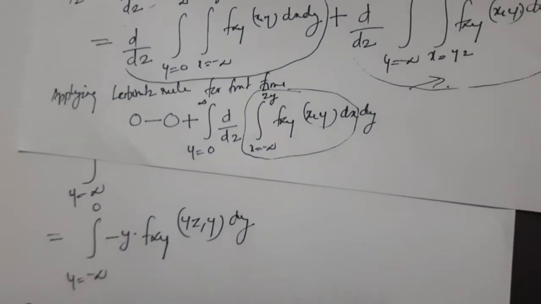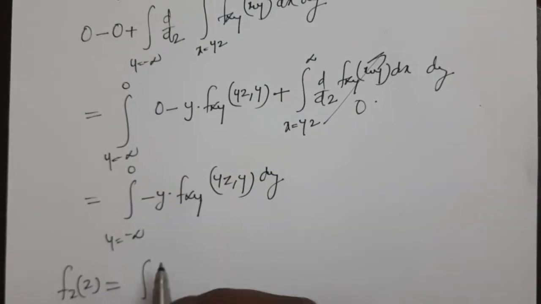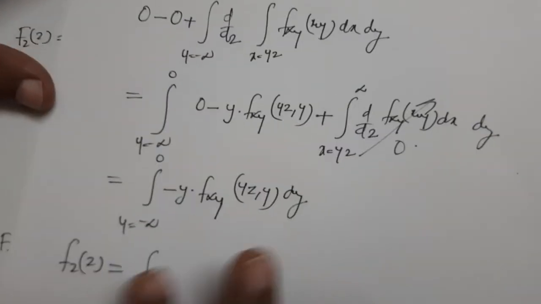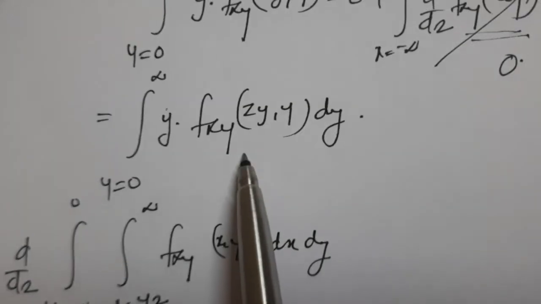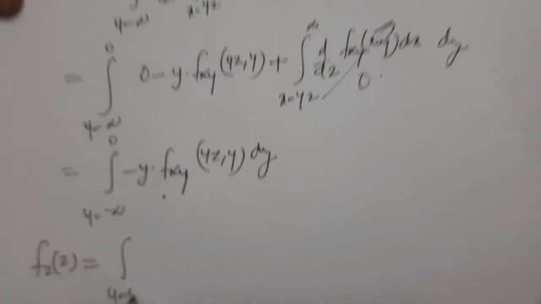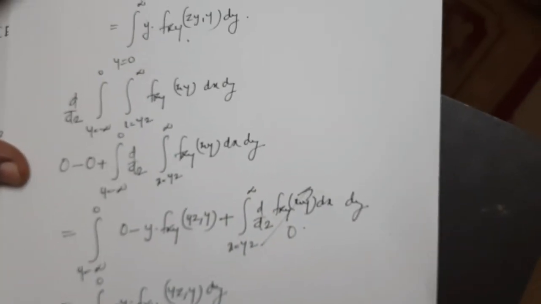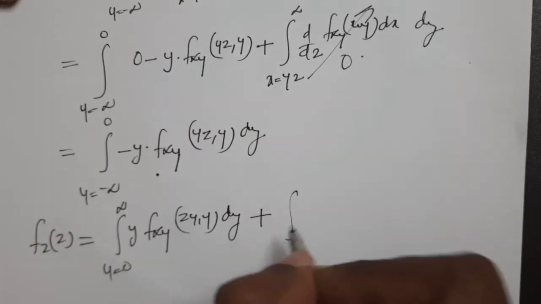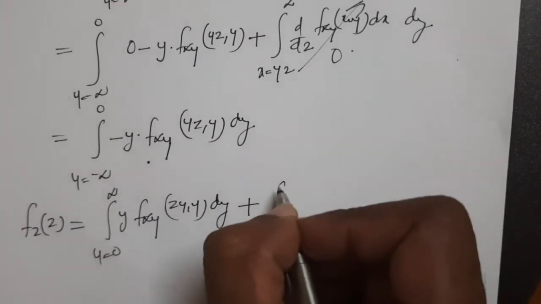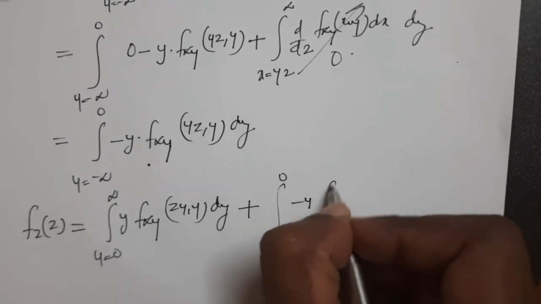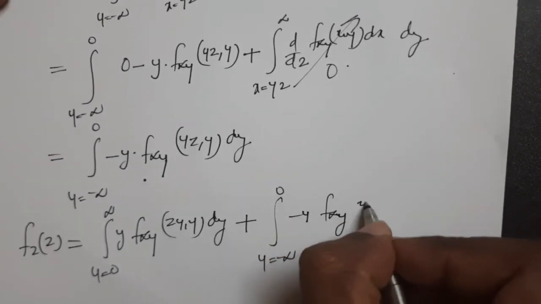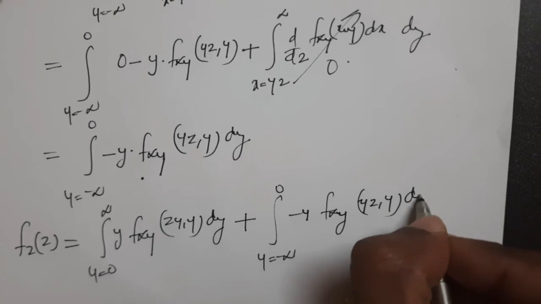Now fz(z) can be written as this term plus this term. That is, the integral y equal to 0 to infinity of y fxy(zy, y) dy, plus the integral y equal to minus infinity to 0 of minus y fxy(yz, y) dy.